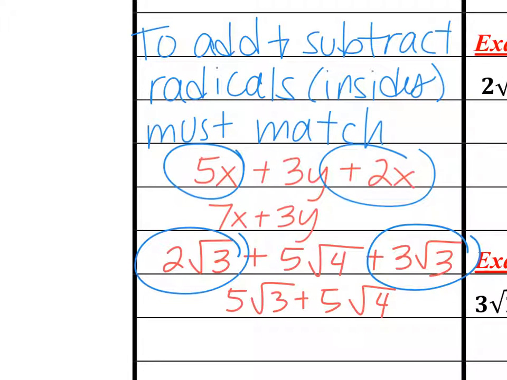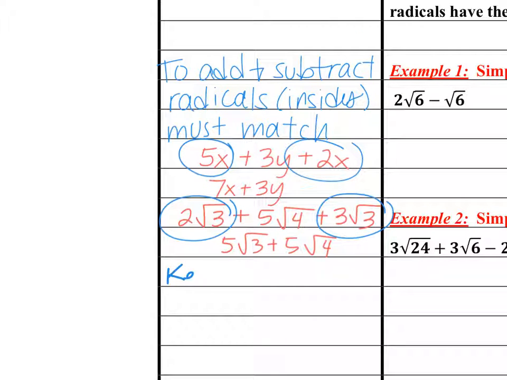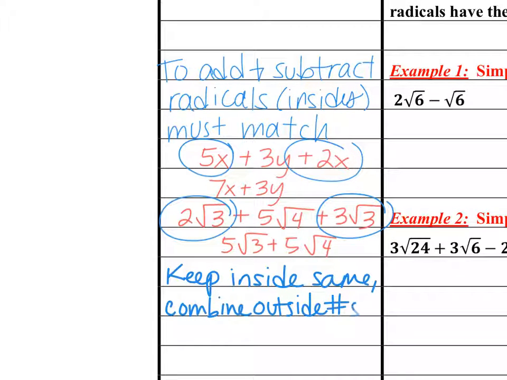So just keep in mind that the insides have to be the same in order to add or subtract them, to combine like terms. Just like we keep the x the same, we're not going to add the x or make it x squared. Keep the inside the same. You're going to combine the outside numbers, just like you would any other time you combine like terms.